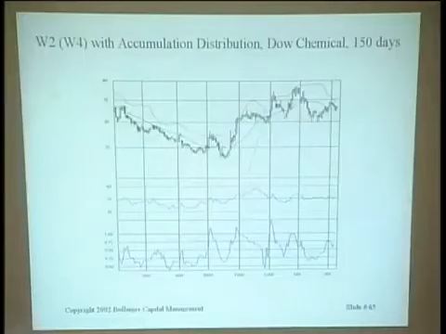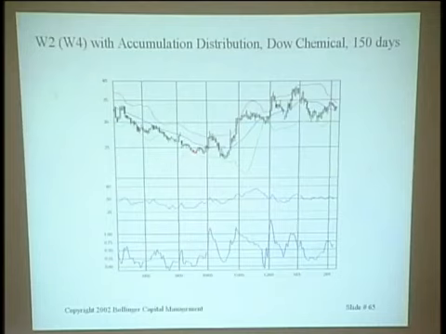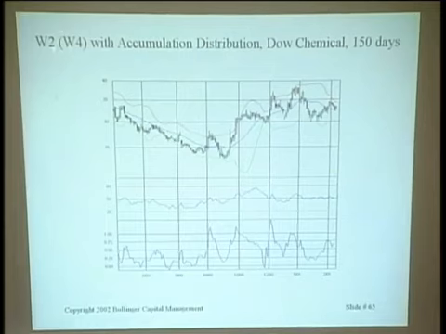However, it doesn't make a new low on a relative basis. So if we remember our patterns from yesterday, this is a W2 absolutely because the second low goes lower, but it's a W4 on a relative basis.